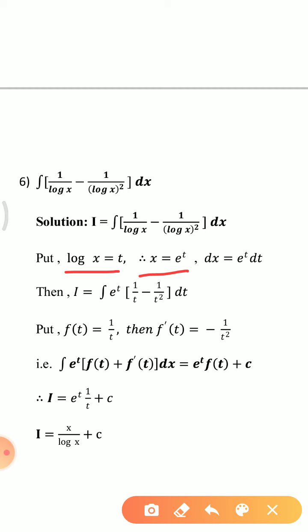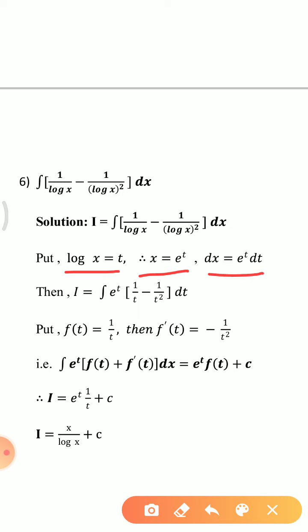Therefore x is equal to e raised to t, and the derivative gives dx is equal to e raised to t dt, because the derivative of e raised to t is e raised to t.